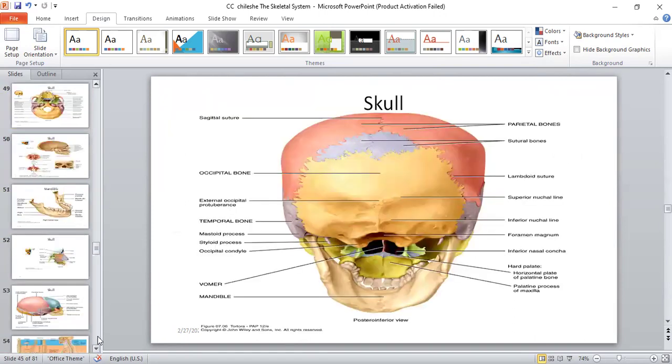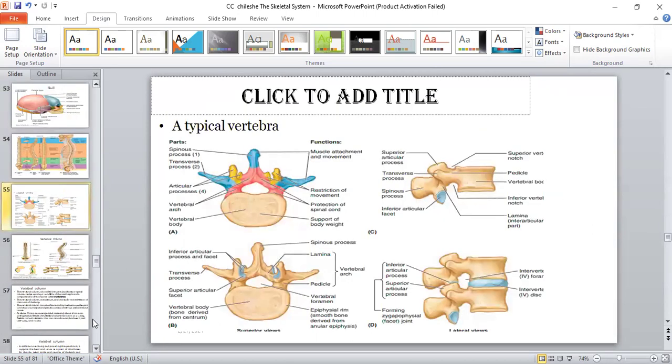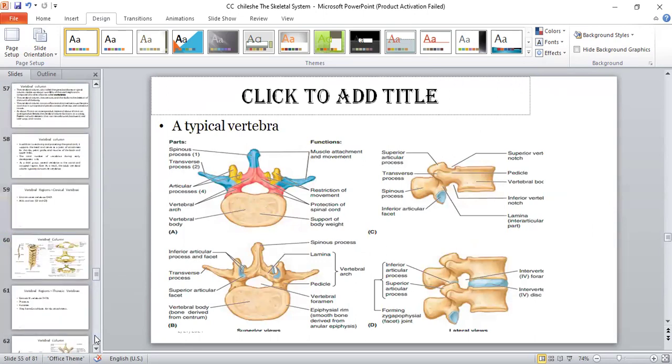A good example of a facet is when you look at a vertebral bone, at the top, the part that allows it to articulate with the intervertebral disc, that is the facet. So you're looking at this vertebral bone, okay, from the superior view.